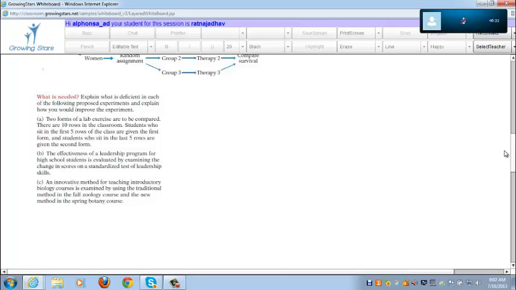So we cannot compare the effects, because it's not like testing on the same students. They should have tested this new method for the first semester for the same set of students, and without the new method for another semester for the same set of students. Then we can compare the effect.